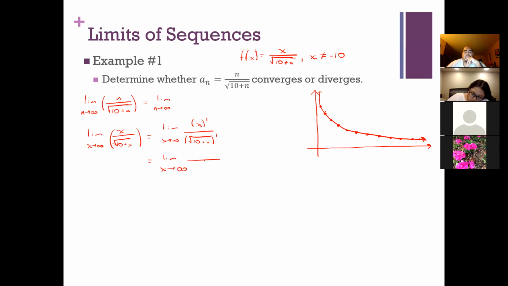The derivative of x is just 1. The derivative of the square root of 10 plus x is going to be 10 plus x to the negative 1/2, times 1/2.